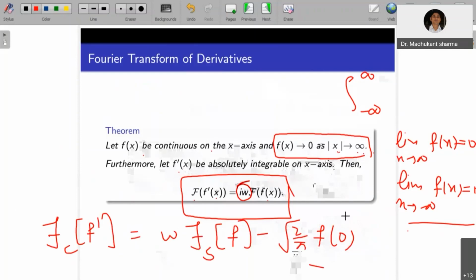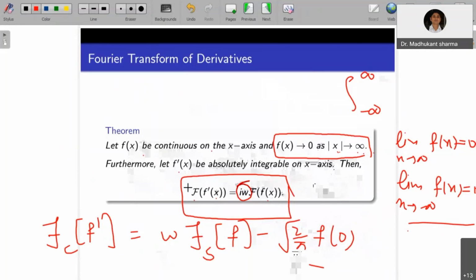So f at 0 is required whenever you are going to attack a differential equation to solve; you require an additional initial condition. Likewise, in the Laplace transform, while solving an ordinary differential equation you need the initial conditions. But the Fourier transform doesn't require that.